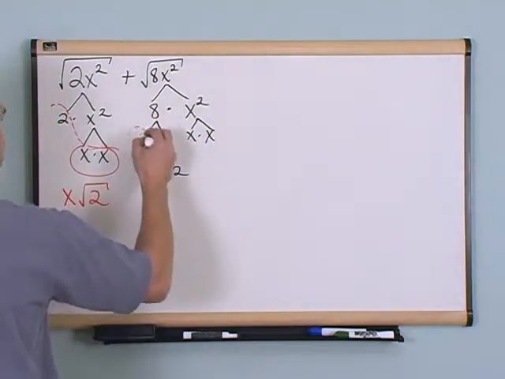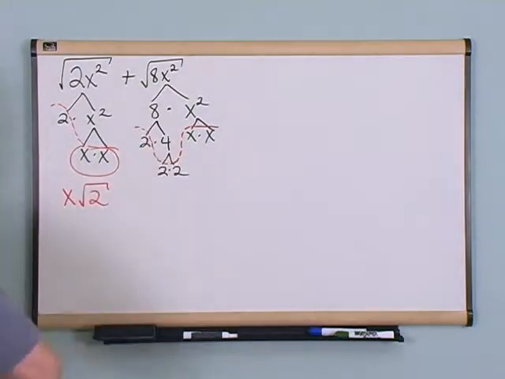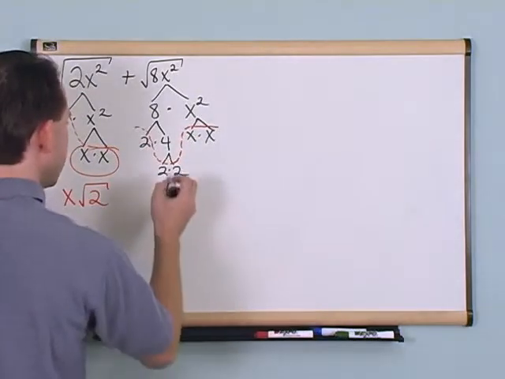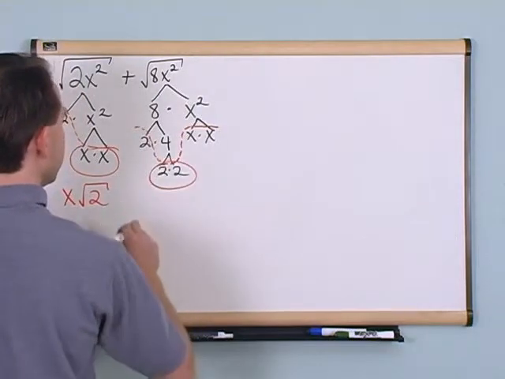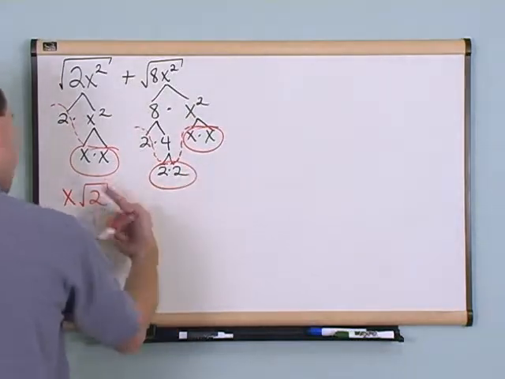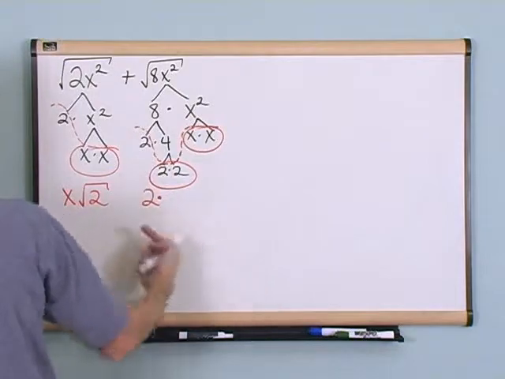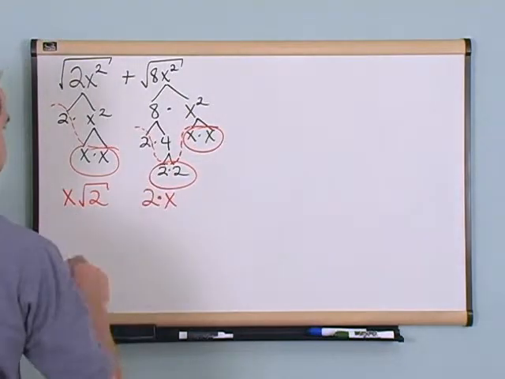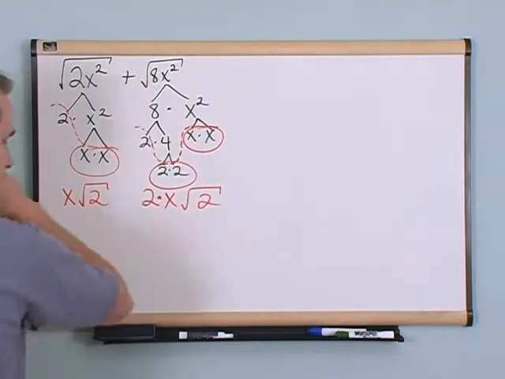So again, I'm going to look for pairs underneath the dotted line because that's the bottom of the tree. I found a pair right here. 2 is a pair and x is a pair. The 2 is going to come out like this. And x is going to come out because it's a pair like this. And underneath the radical, I'm going to be left with square root of 2 because it's left over.